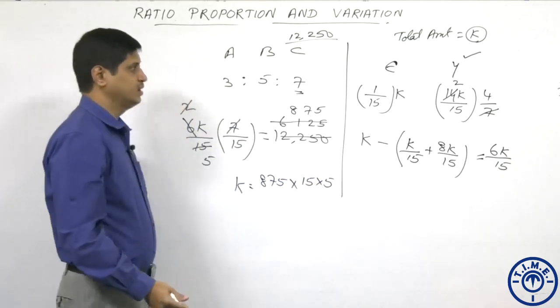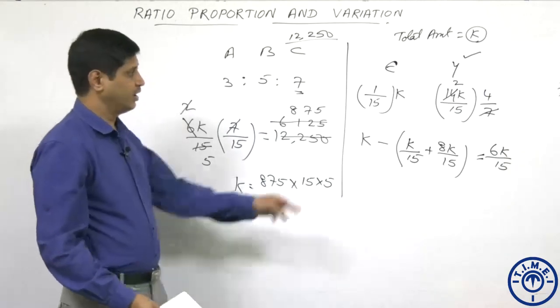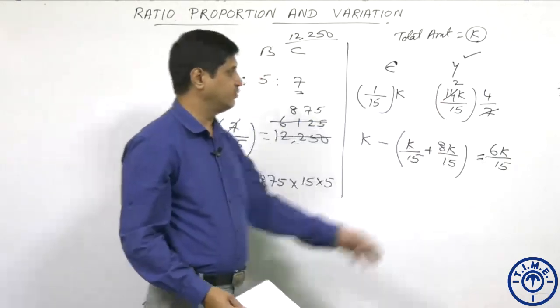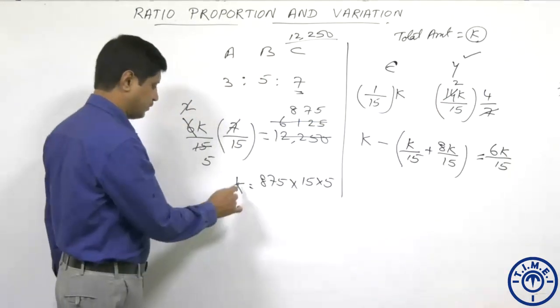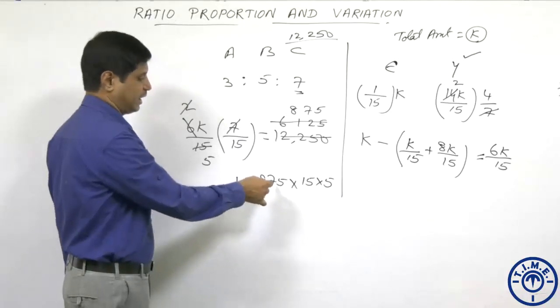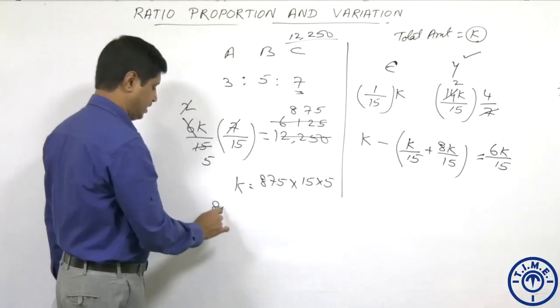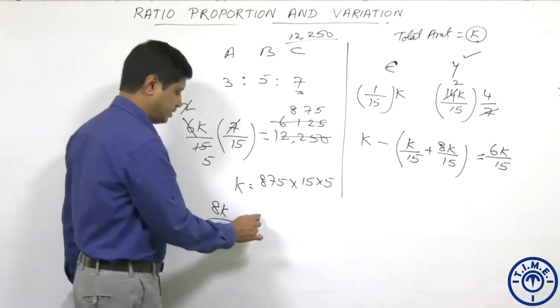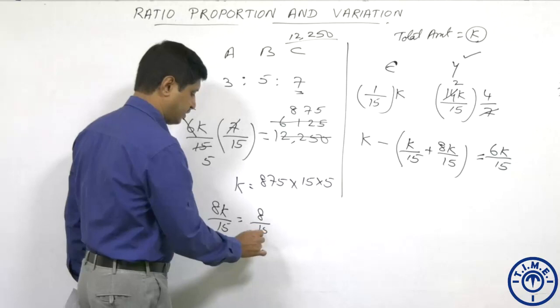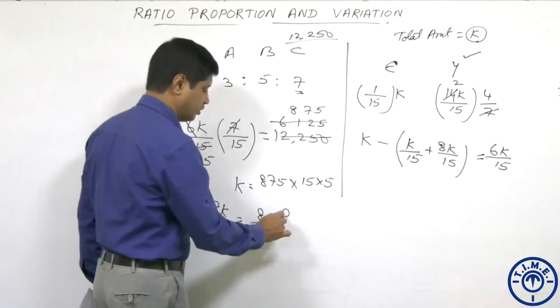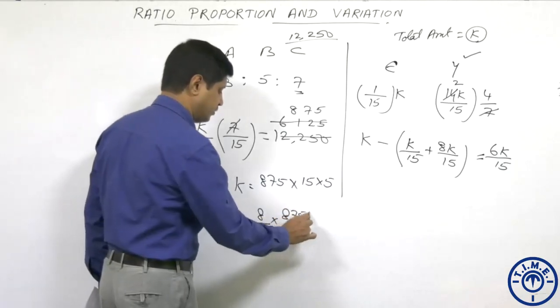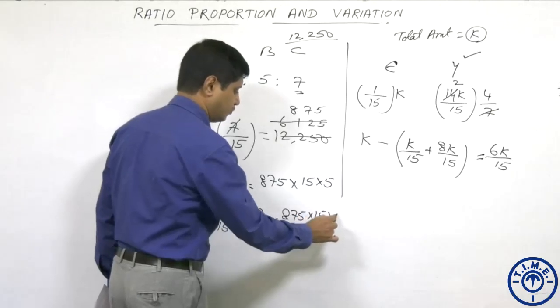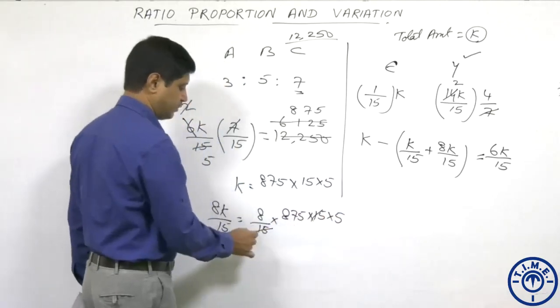Now, what is to be found? The younger one's value. The younger one means 8K by 15 is to be found. 8K by 15 means 8 by 15 times of K. K is equal to 875 into 15 into 5. Anyhow, 15 and 15 we can cancel.